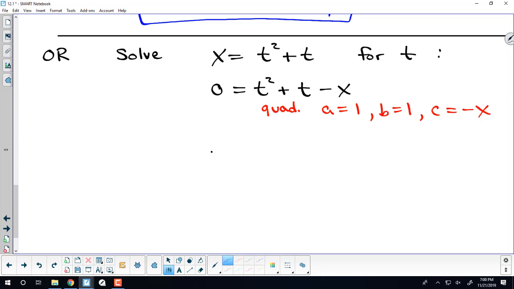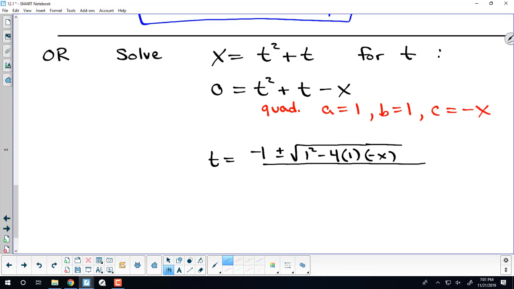So we have that t is equal to negative b plus or minus the square root of b squared minus 4 times a times c, all over 2 times a.